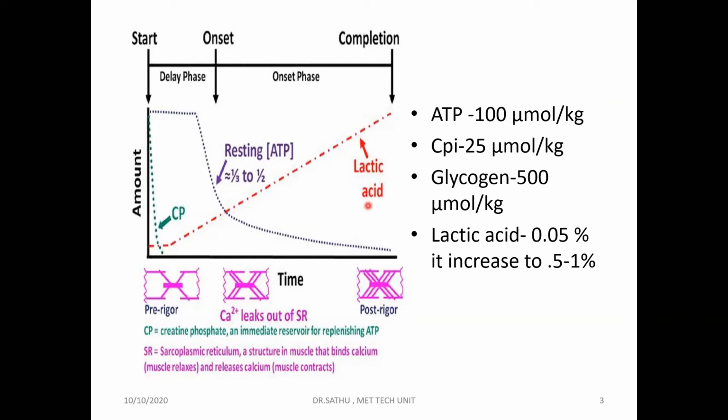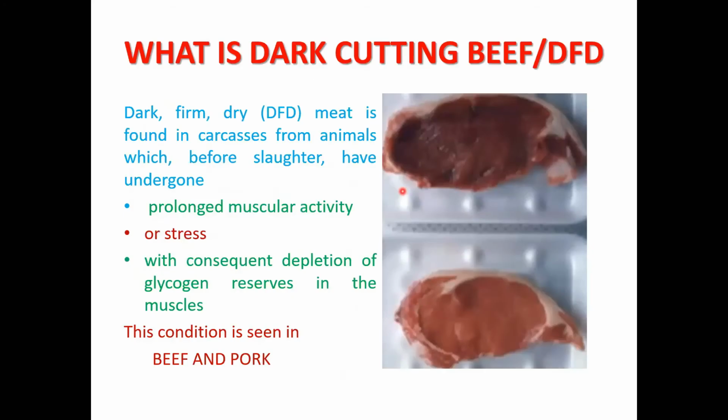With this background, let's enter into today's topic, that is DFT meat. DFT meat is also called dark cutting beef, or glazy bacon in the case of pigs. DFT means D for dark, F for firm, and D again for dry.